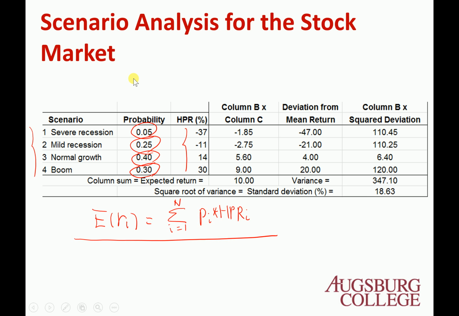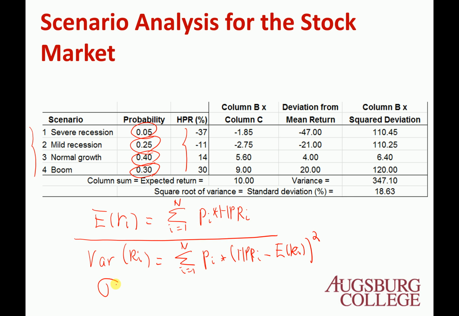So again, the expected return is the sum of this one, and the variance will be the sum of, again, probability times each HPR i minus expected return, squared. And the standard deviation, usually just sigma, will be the square root of the variance. Okay. That's how to find the expected return and the standard deviation in scenario analysis.